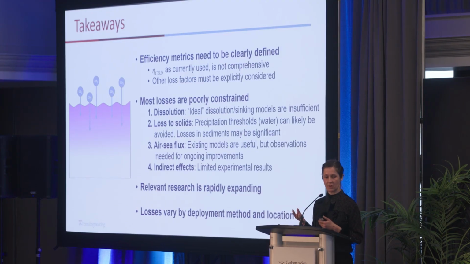We know a lot about air-sea flux. We're starting to know more about loss to solids. The other loss factors need more work, but we're learning a lot about all of them very quickly, and the research base is expanding very quickly. And then finally, all of these losses vary by deployment method and location, so we shouldn't be talking about the efficiency of OAE broadly, but the efficiency of certain deployment types.